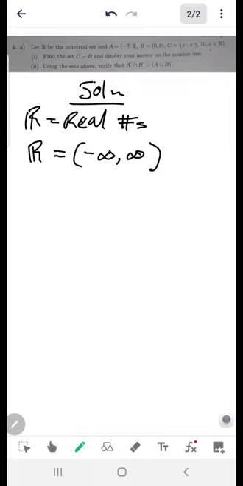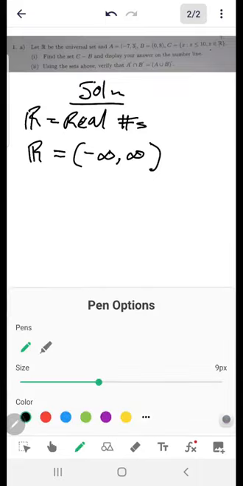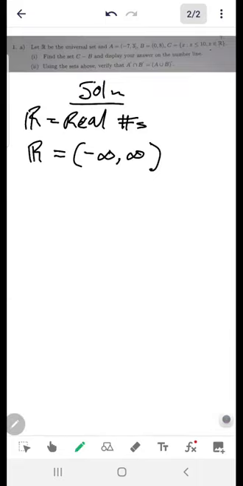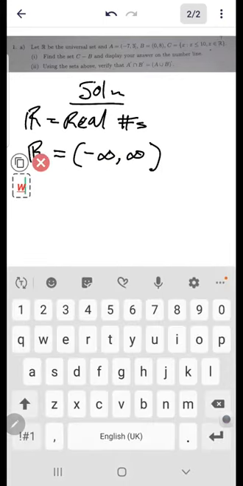Okay, now before we handle the question, I would love you guys to also understand this concept. The first thing you need to understand is what the brackets stand for or mean.